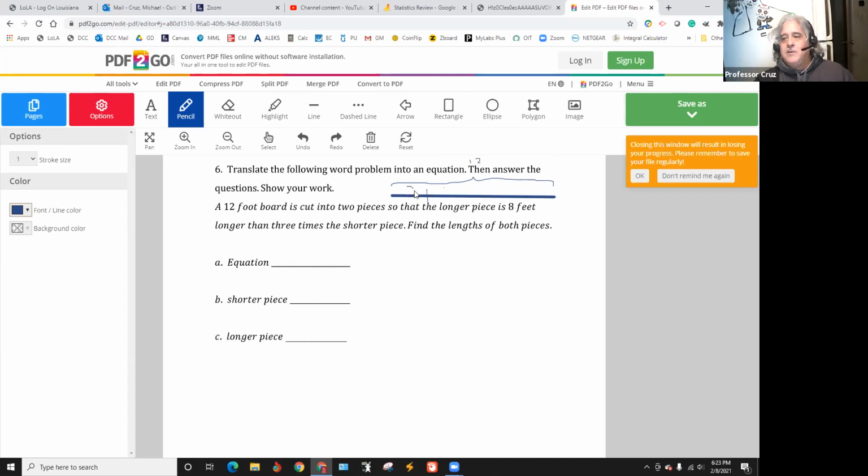Generally speaking, your shorter piece is x. Most of the time you want to make your smallest piece x. There are some exceptions, but I've not seen any in your work.